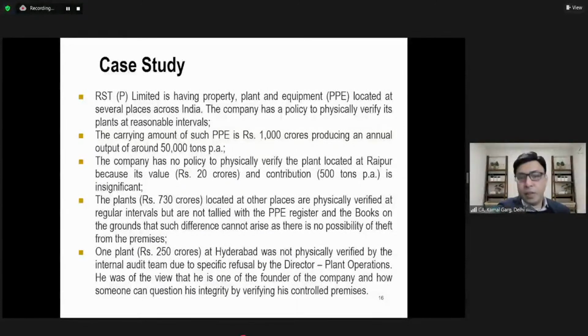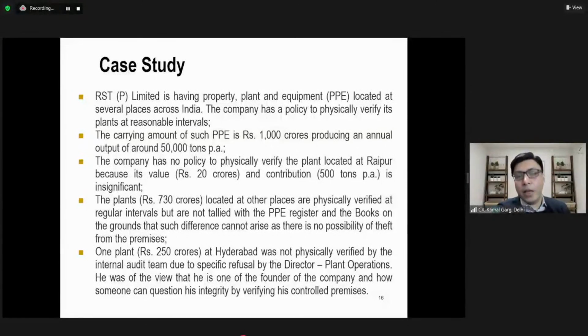Then management further says, one plant of 20 crore rupees at Hyderabad was not physically verified by the internal audit team due to specific refusal by the Director Plant Operation. He refused, saying I will not allow you to audit. Why? Because he was of the view that he is one of the founders of the company. He says, I made this company, how can someone question my integrity? So this is the fact before you.